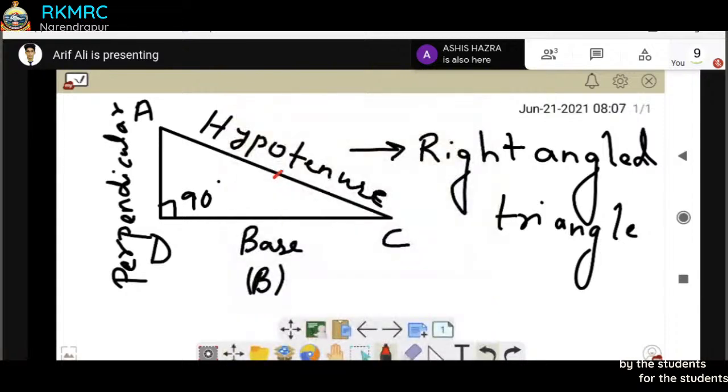This is your full AC is hypotenuse, DC is base, and AD is perpendicular. Hypotenuse is the longest side of this right angle triangle.